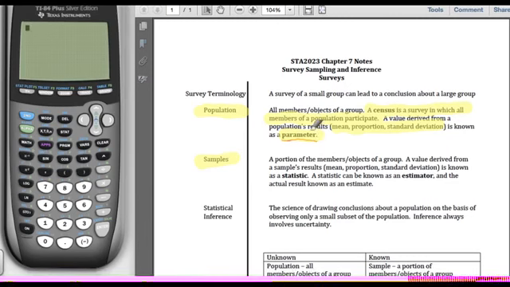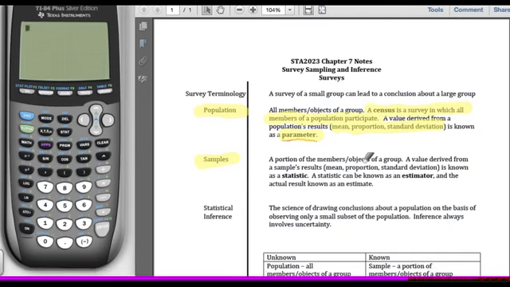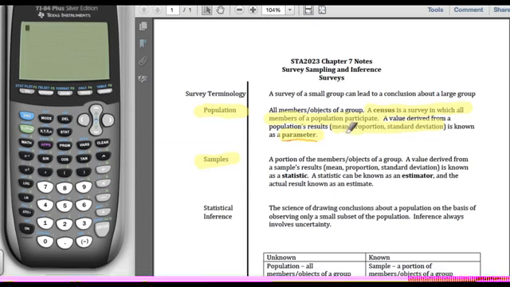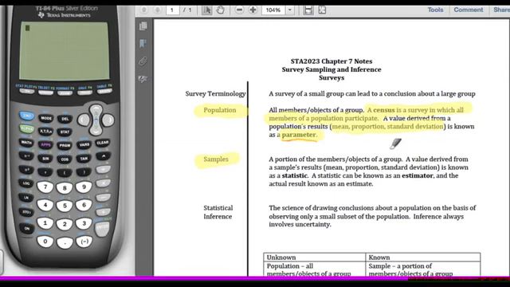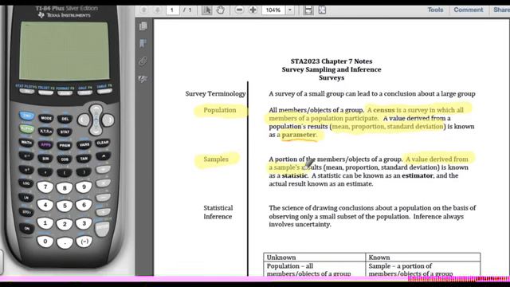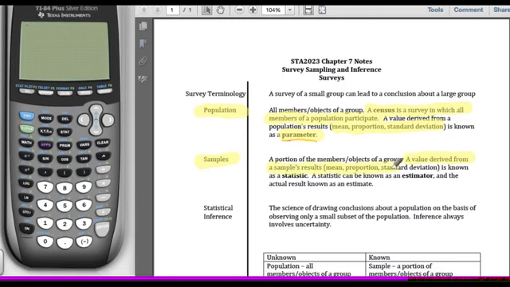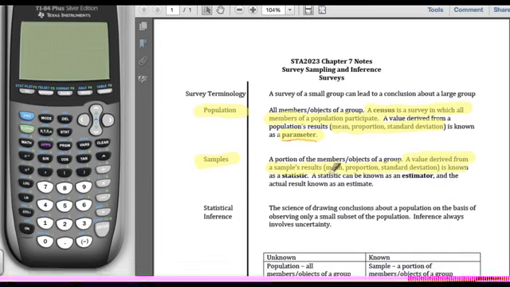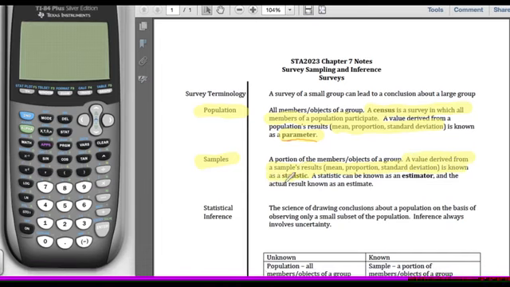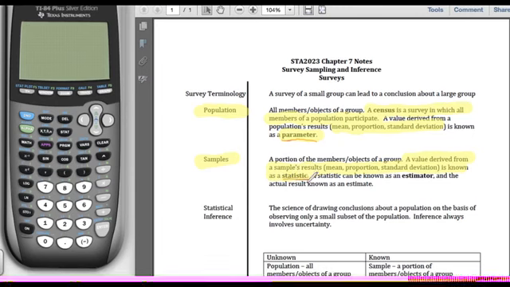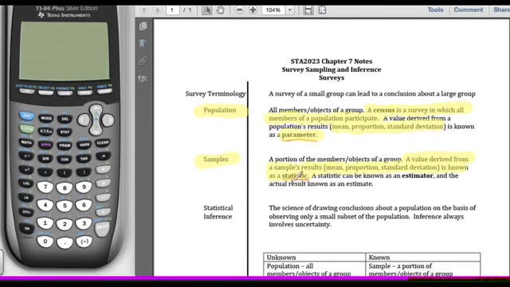Samples are just portions of the members or objects of a group. It's not everybody, but it's just some of the group. And a value derived from a sample's results, mean, proportion, standard deviation, that is known as a statistic. Statistics come from samples.